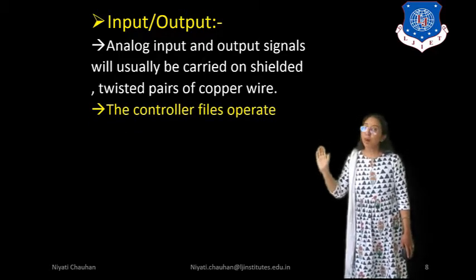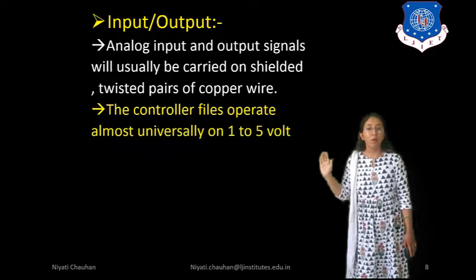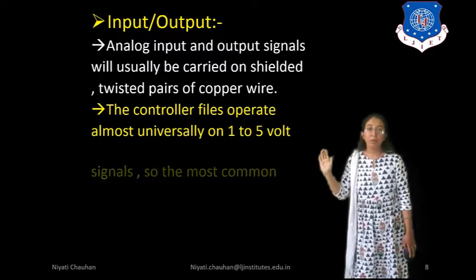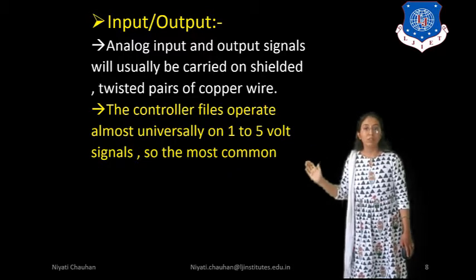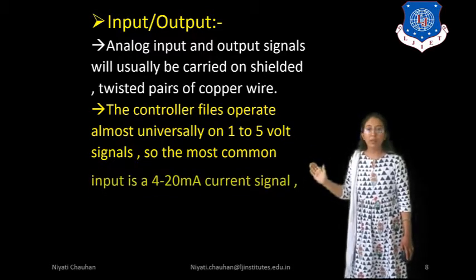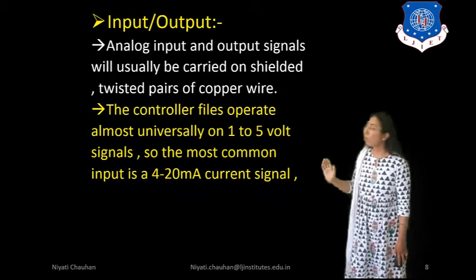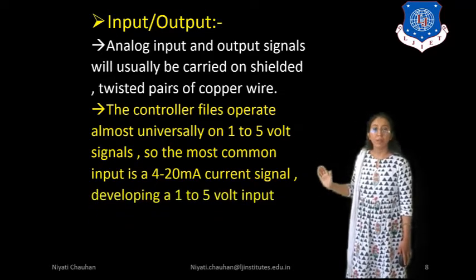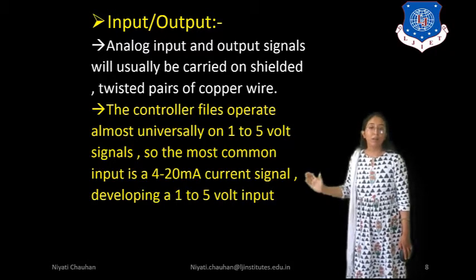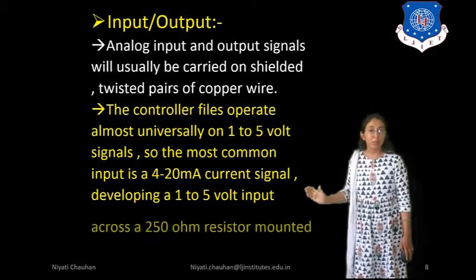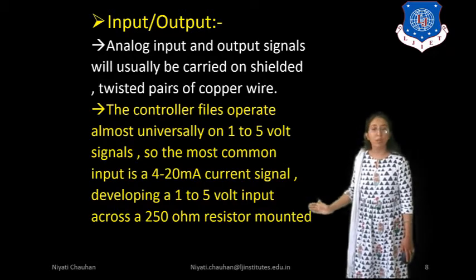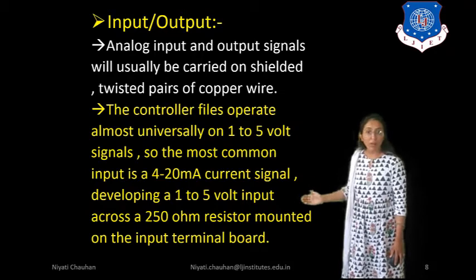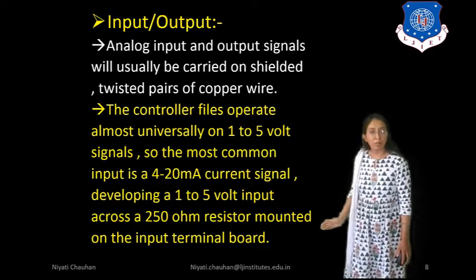The controller files operate almost universally on 1 to 5 volt signals. The most common input is a 4 to 20 milliampere current signal, developing a 1 to 5 volt input across a 250 ohm resistor mounted on the input terminal board.